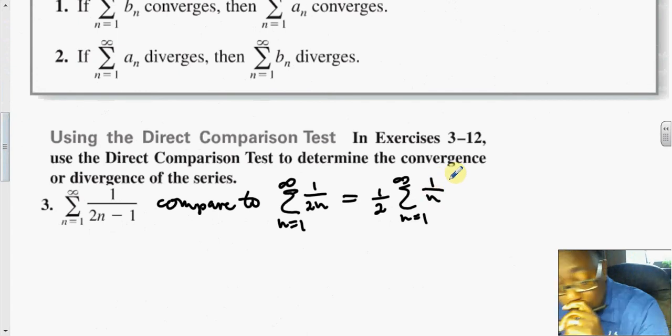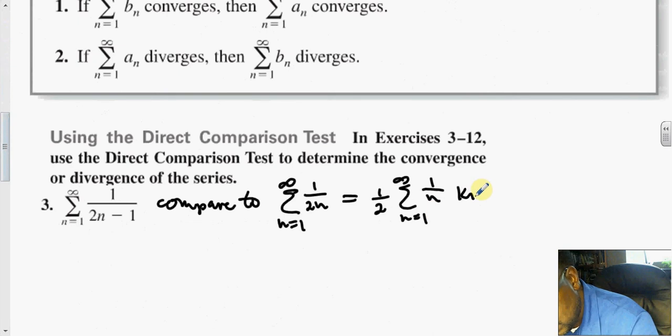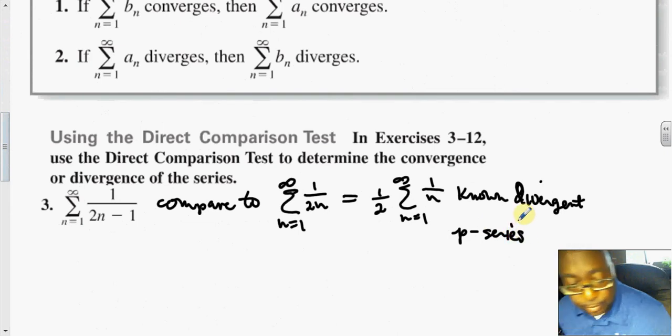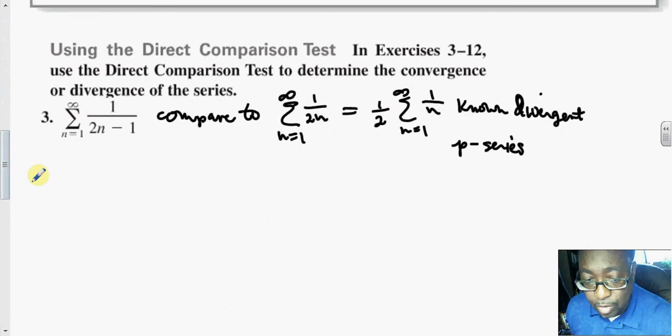This is a known divergent p-series. You recall we call that harmonic.